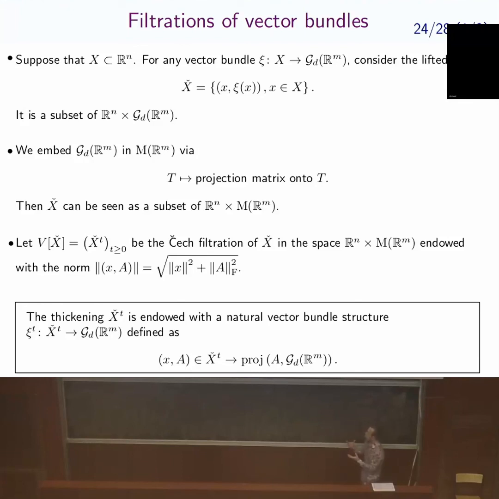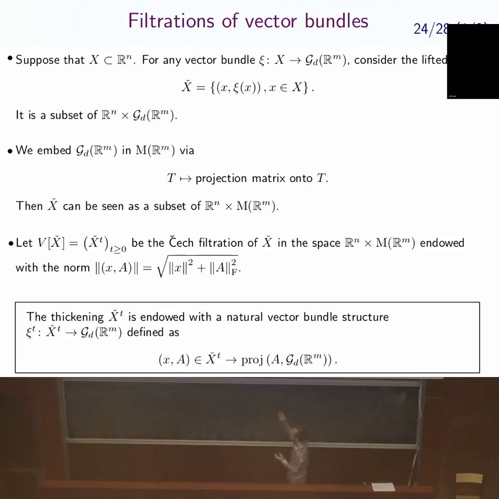So X check now is a subset of a linear space, and I can consider the check filtration of X check, the thickening filtration. And something great happens here. In the check filtration, I can define vector bundle structures. Each of these thickenings can be endowed with a vector bundle structure.